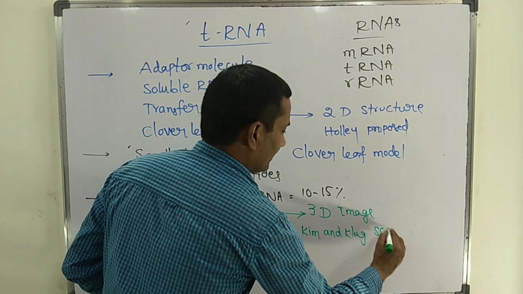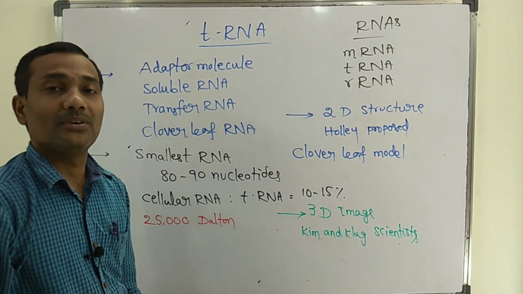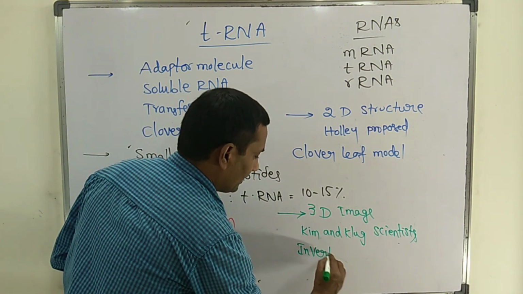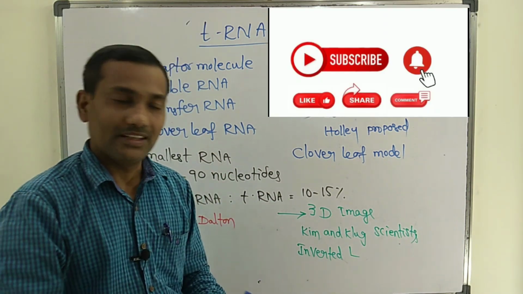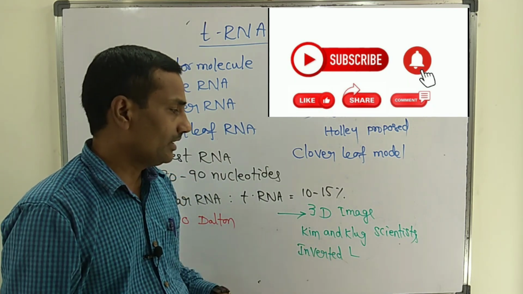They proposed that the 3D structure of tRNA appears like an inverted L shape.